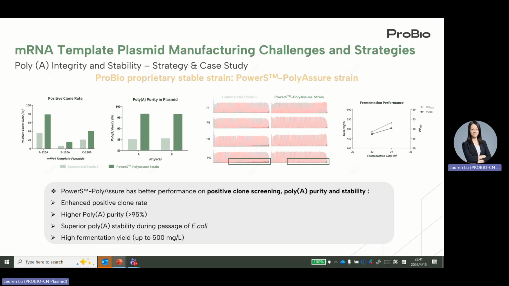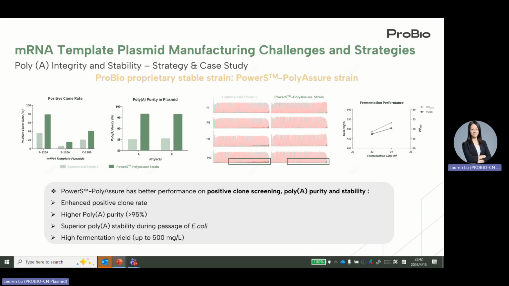Compared with commercial strain, Power S PolyAssure demonstrates multiple-fold improved positive clone rate across different mRNA template plasmids, and achieved plasmid poly-A purity above 95%. The sequencing data further confirm its superior ability to maintain poly-A integrity during E. coli passage, ensuring greater sequence stability for long poly-A regions.